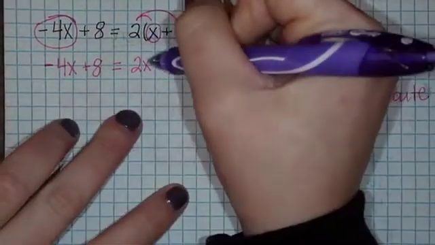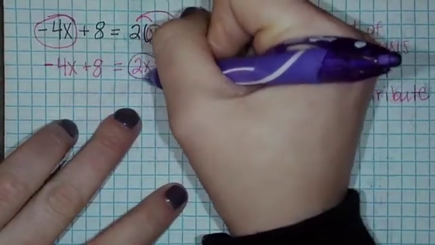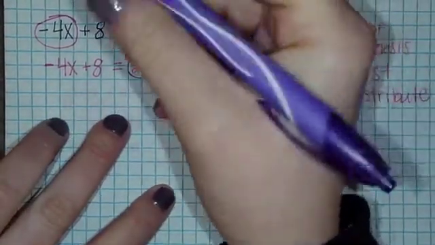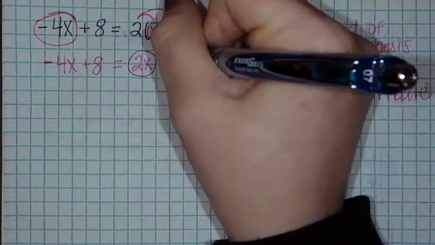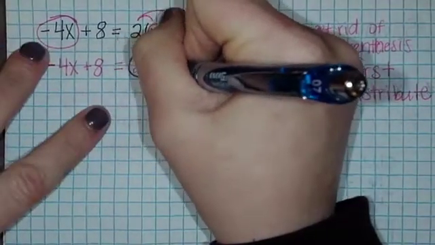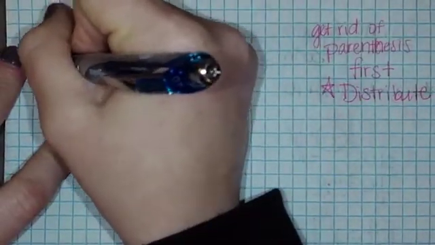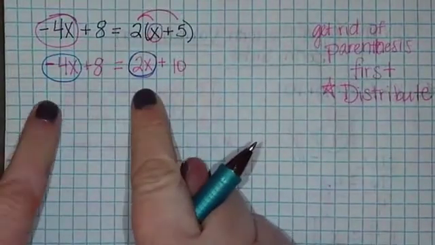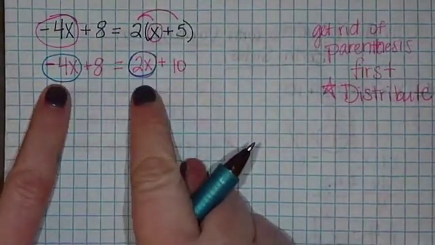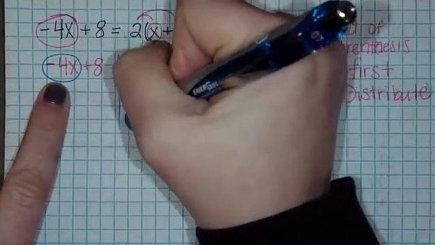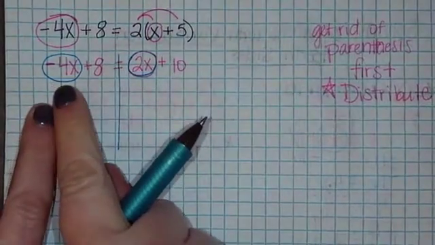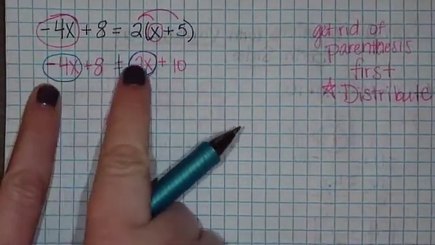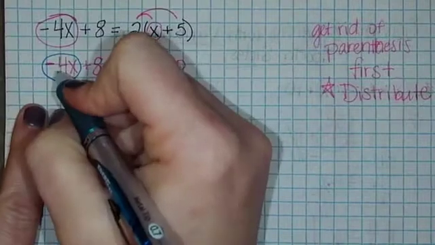Okay, circle your variable. Well, there's two of them. That purple is kind of hard to tell the difference from the pink. So we have 2x and we have negative 4x. They are on opposite sides. This is the smaller number because it's negative 4 and it's smaller than 2.